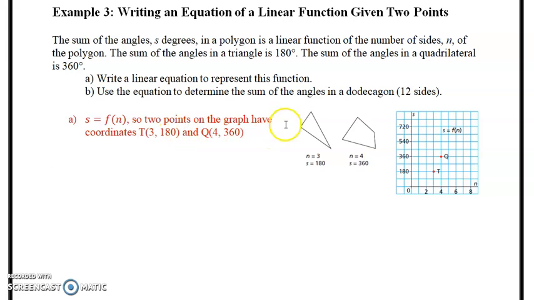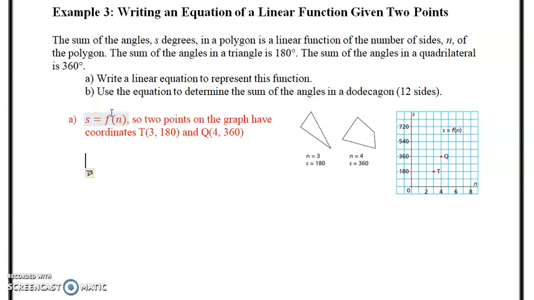These 3 angles add up to 180, which you guys are aware of from middle school. And a polygon with 4 sides is a quadrilateral. It adds up to 360. So it is a linear relationship, which means we're able to create a function for this, all right?